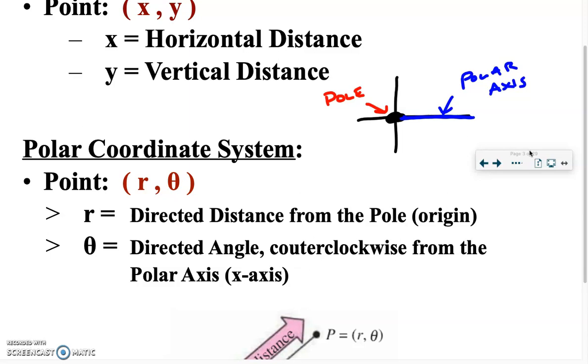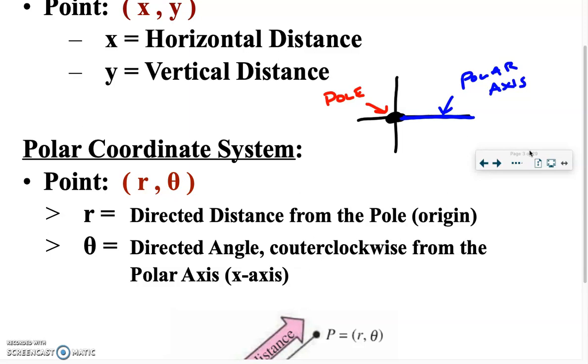Theta, we've been using theta for angles all year, so hopefully it comes as no surprise that theta is going to be an angle, but it's what we call a directed angle. It's going to go counterclockwise from the polar axis, just like we always do. We're going to go out some amount, and then we're going to rotate by the particular angle theta.